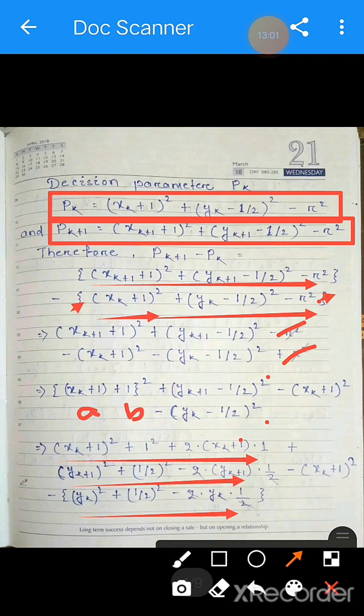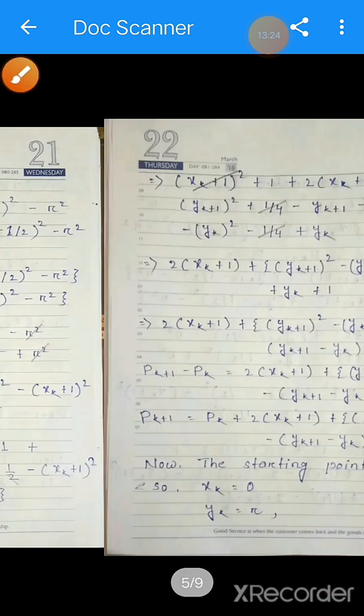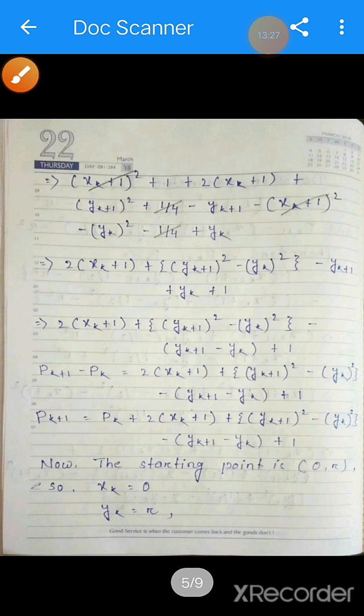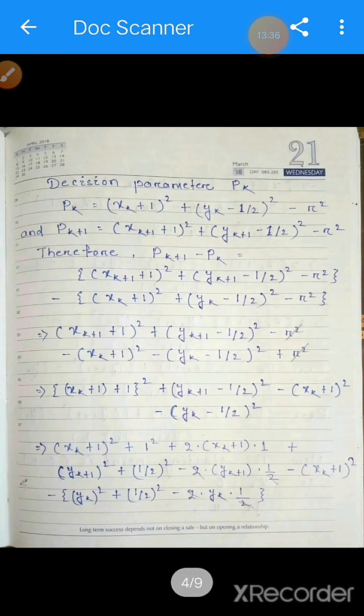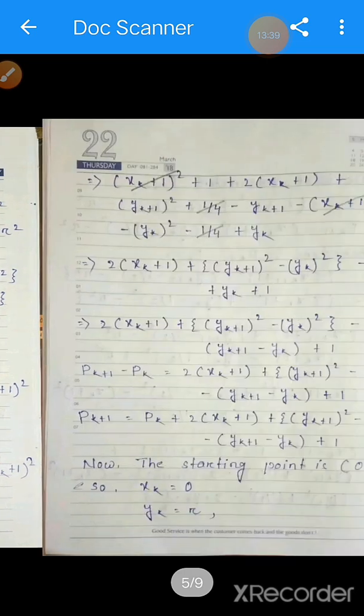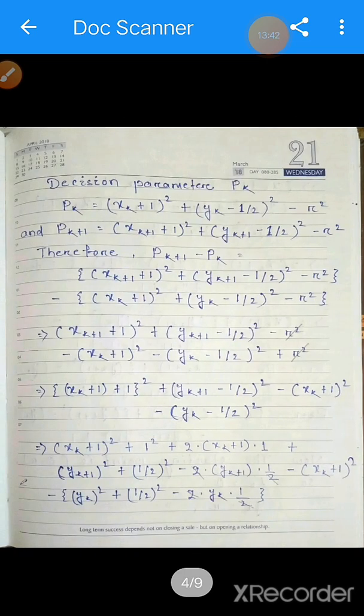Here we simplify this one. When you simplify this a minus b formula, we cancel these two and these two, and here also we cancel 2 and 2. So after that what will we get? (xk plus 1) whole square plus 1 plus 2 into (xk plus 1), (yk plus 1) plus 1 by 4. 1 by 2 whole square means 1 by 4, minus (yk plus 1).